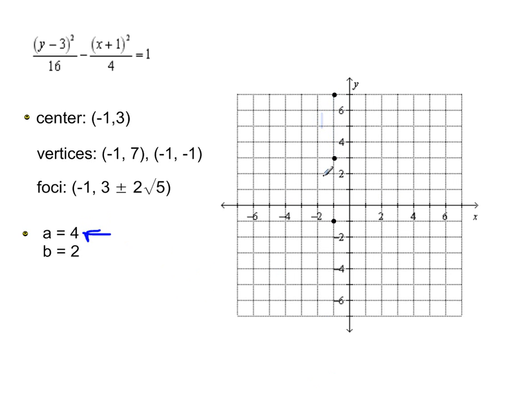And then, of course, we have to plot the other 2 values. We went up and down 4 because it's under the y's. We're going to go left and right 2 because x is the horizontal change. So we go left and right 2 units. That's our b value. What we do with these points is very similar to an ellipse.